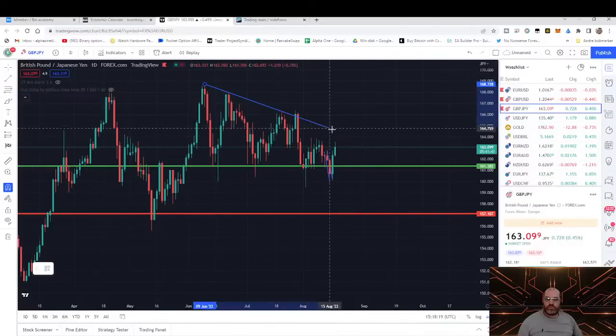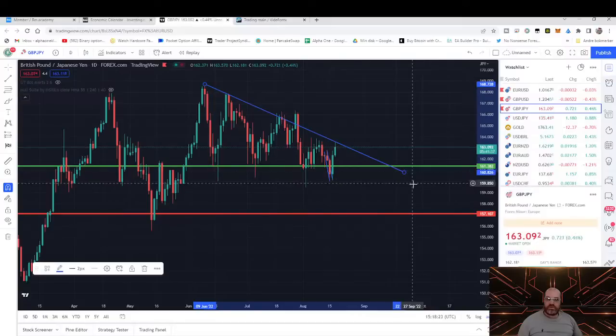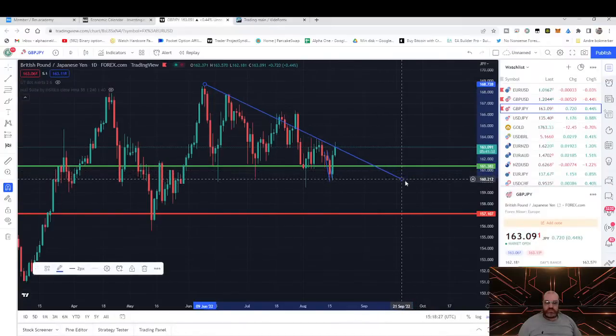Are we at the top of a trend here? I will say so. So here right now on GBP JPY, we can see on the daily chart that we are in a squeeze. We are in a squeeze because we have this support line, the green line here, and we have this green.